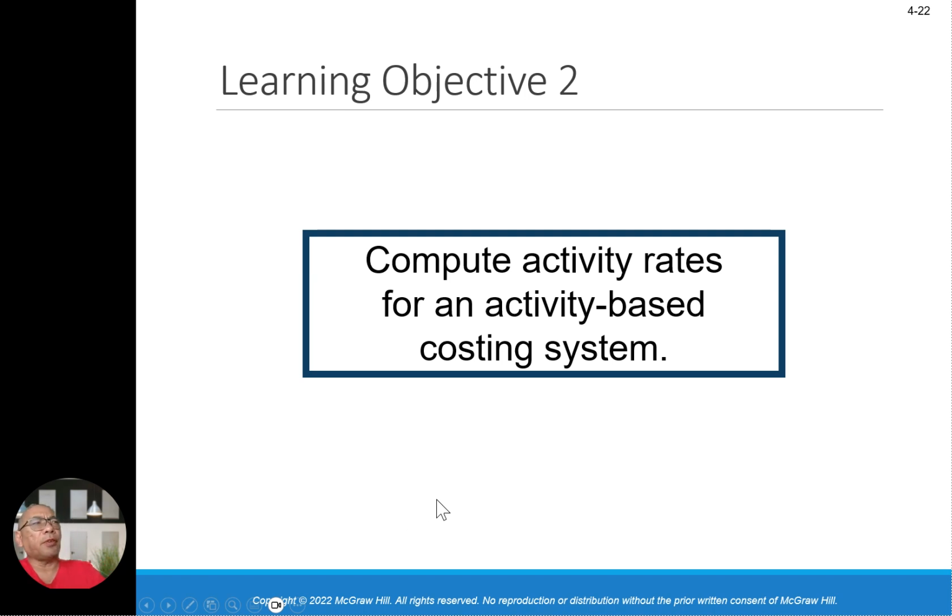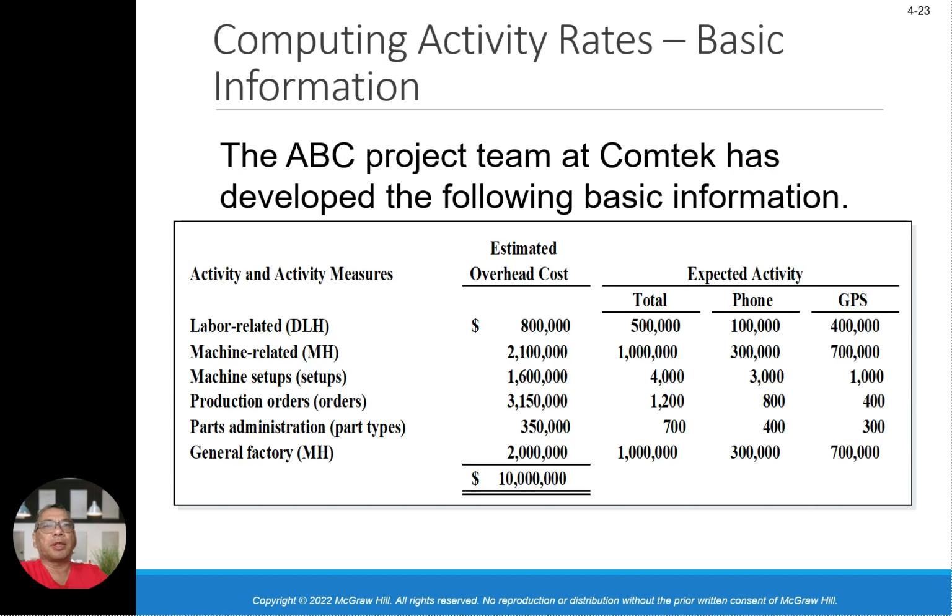Now compute the activity rates based on the activity-based costing system. What you do is the ABC project team at Comtech has developed basic information. Activity measure, estimated overhead cost: DLH 800,000, machine hour 2.1 million, machine setup 1.6 million, production order 3.15 million, parts 350,000, the factory 2 million.